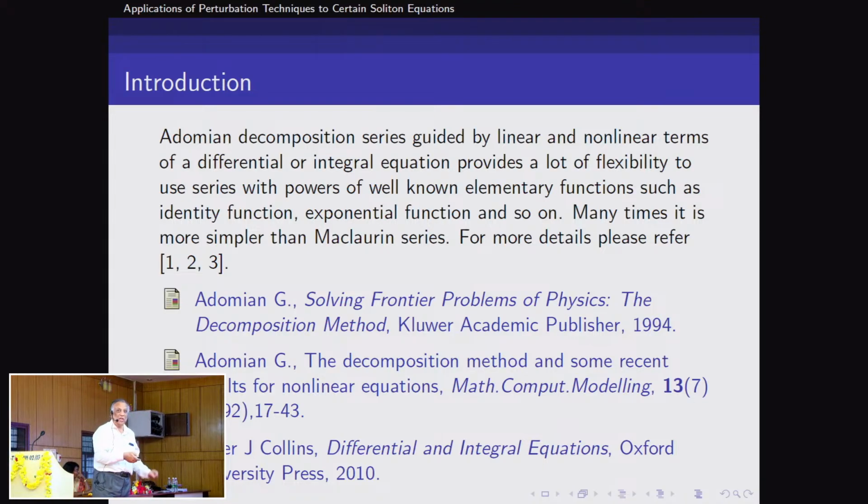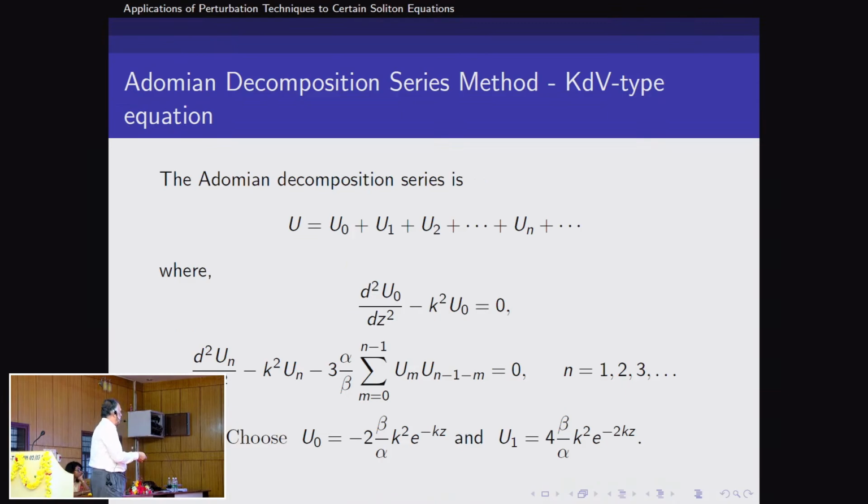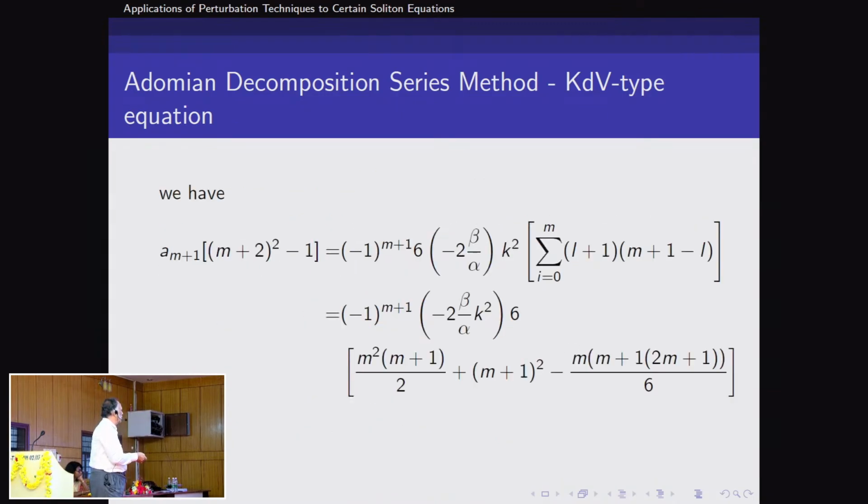So we don't use epsilon here. In the usual perturbation expansion we make use of epsilon. But Adomian suggests that you don't have to bother about such expansion. Every time you think that you are going to converge it, or maybe it is ultimately finite only, or at the most it is a convergent series. When you substitute it, it reduces into this system of equations, and you have to choose the solutions.